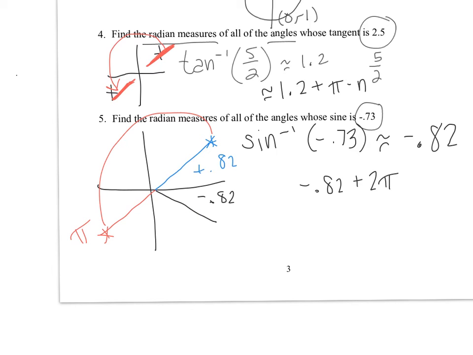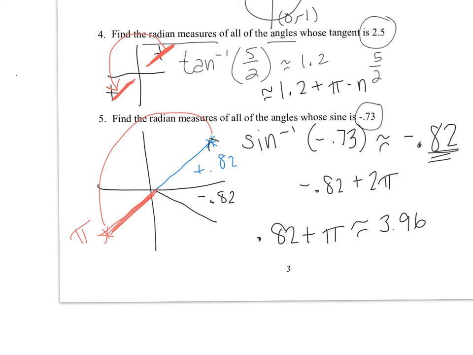The other one is I'm going to try to get to this red part. To get to the red, what I need to do is take 0.82 approximately, or whatever you could hold in your calculator, and add pi. So if I start at 0.82 and I add pi, I'm going to end up over here. That number in my calculator is approximately equal to 3.96.